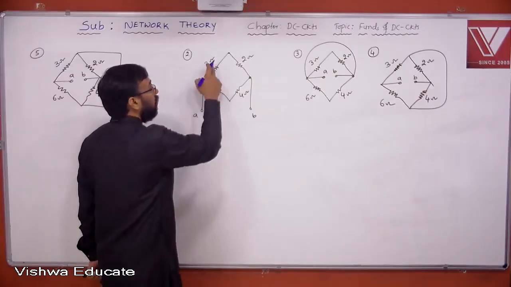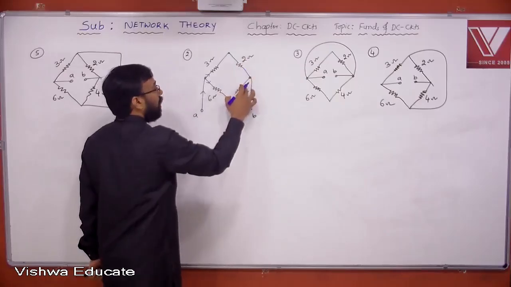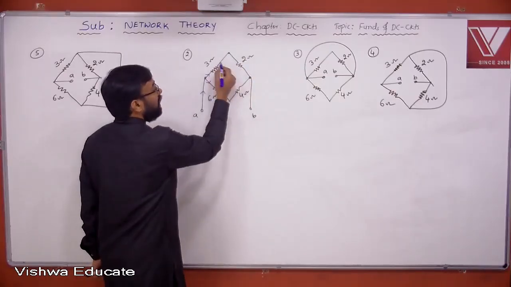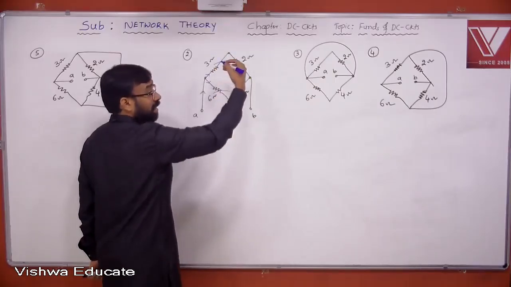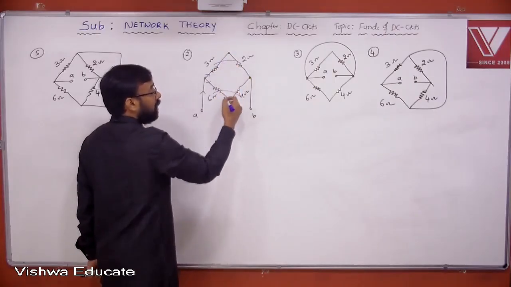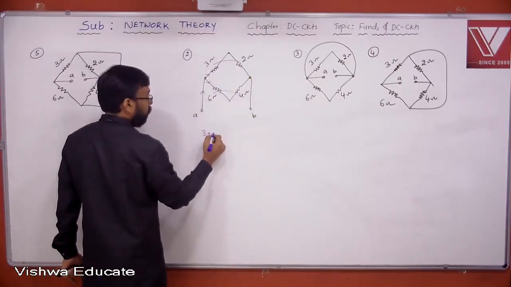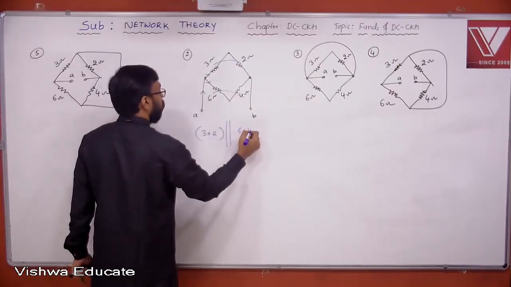Okay, therefore look at this, now these two are neither series nor parallel. These two are also neither series nor parallel. But I can say these two are in series, and these two are in series. Then the resultant here and the resultant here are both in parallel. So 3 plus 2 parallel with 6 plus 4.